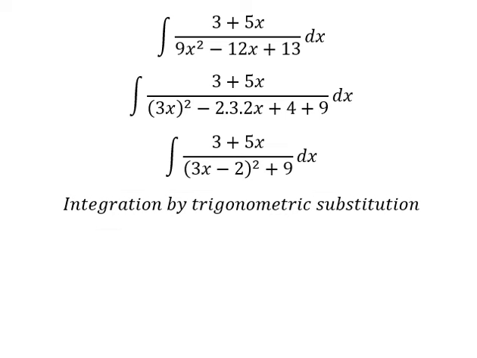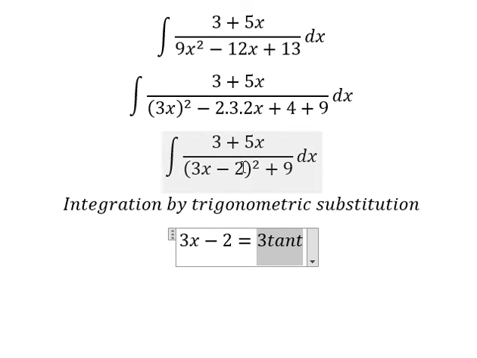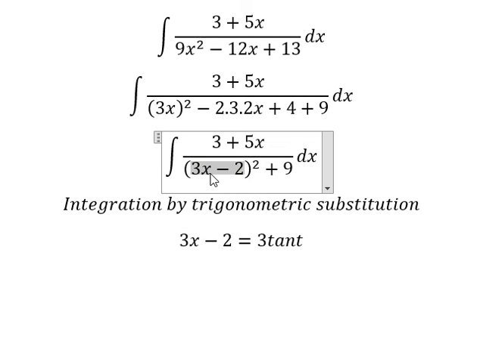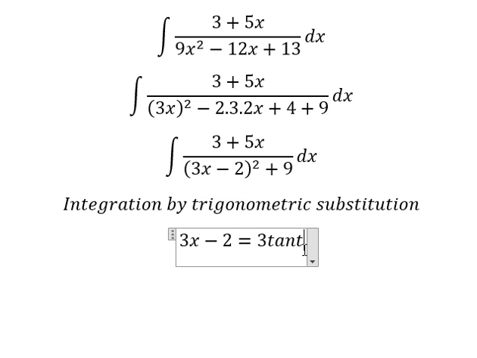So I will put 3x minus 2 equal to 3 tan t, because if I put this one in here, we have 9 tan t squared plus 9. Number 9, we can factorize: 9 times (tan t squared plus 1). We change it to secant of t squared, and later we simplify by dx.